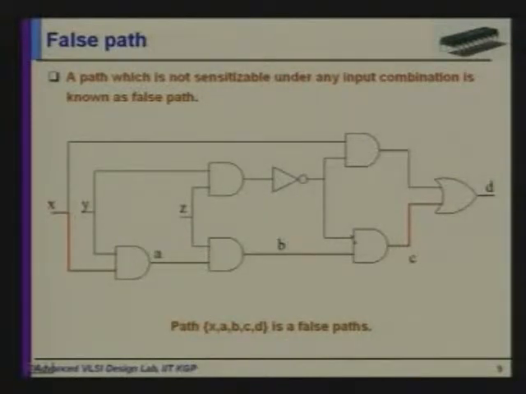Here I have to set 1 once again. For that, this has to be 1, so this has to be 0, so one of the lines has to be 0. That's the conflict. That's why X, A, B, C, D is a false path.